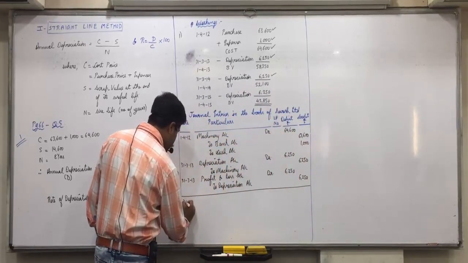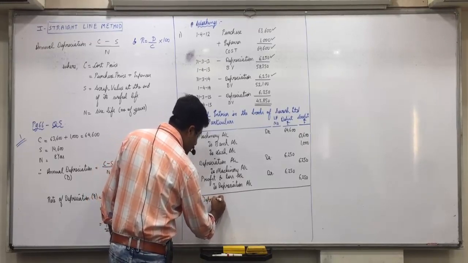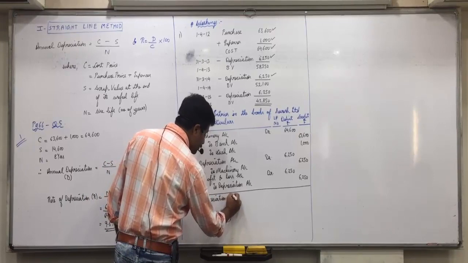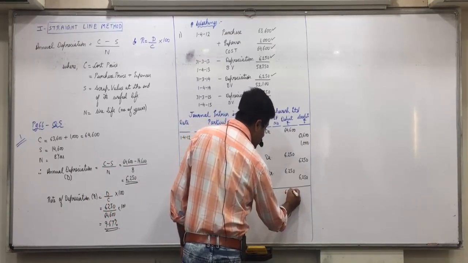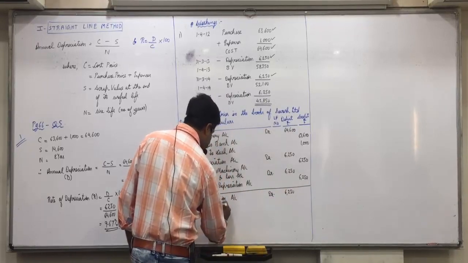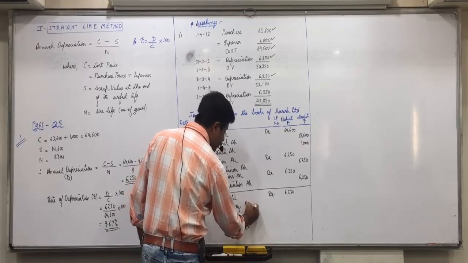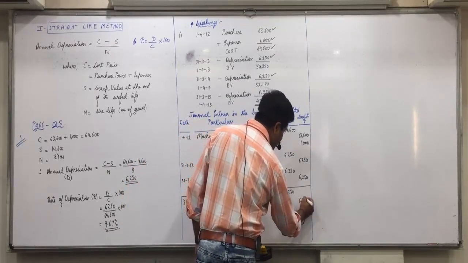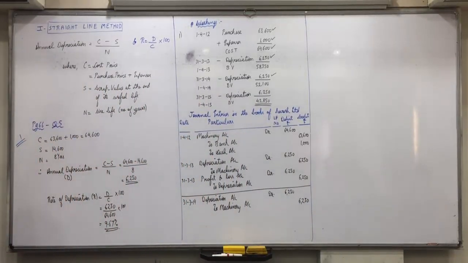On 31/3/14, depreciation account debit 6250 to machinery account 6250, being depreciation provided by SLM.